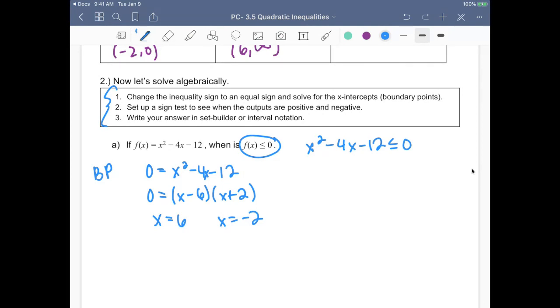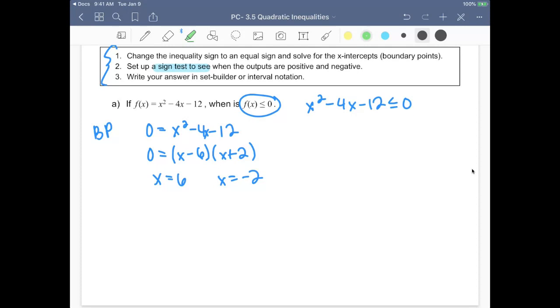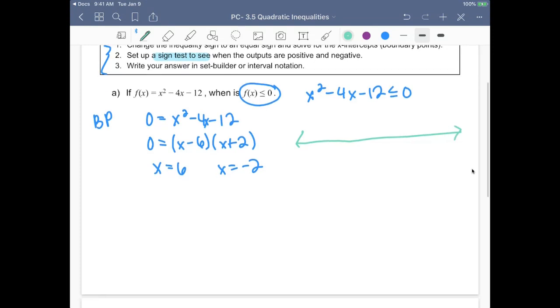That's step 1. Step 2, we're going to use a sign test to see when the outputs are positive and negative. You graph any x-intercept, so I'm going to graph 6 and negative 2.